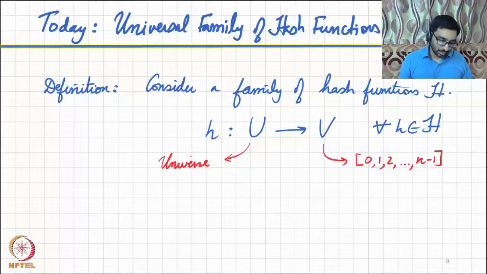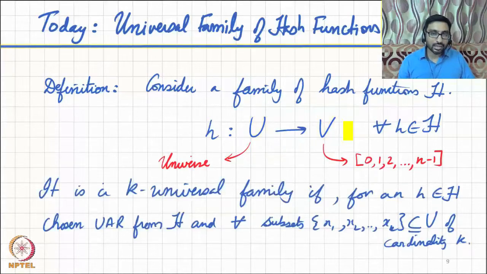So let's try to be a bit formal and let's try to define such a family with the correct properties that we require. Okay, so we're going to define what is called a universal family of hash functions, and so it's going to be such a family H, and each member of the family is a hash function that will map a universe to a set of locations.